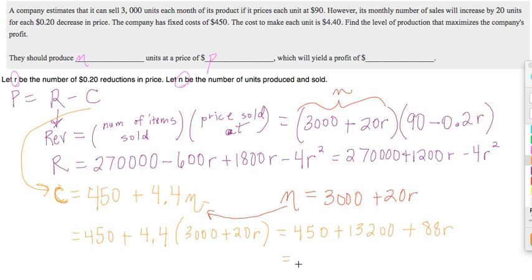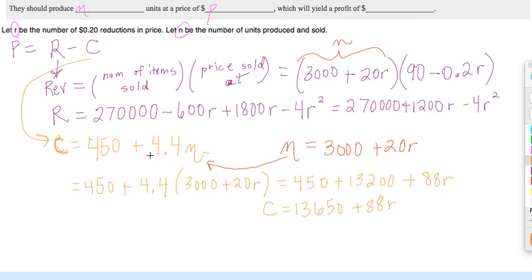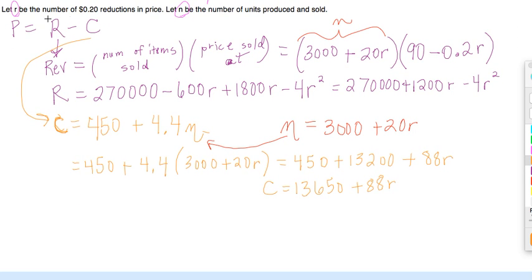So then this comes to 450 plus 13,200, which is 13,650, plus 88R. So that is my cost function, capital C. So now we are ready to find profit, which is the revenue minus the cost.